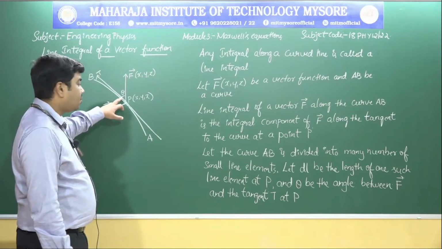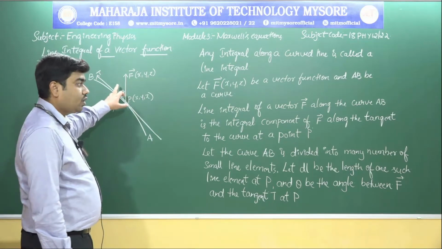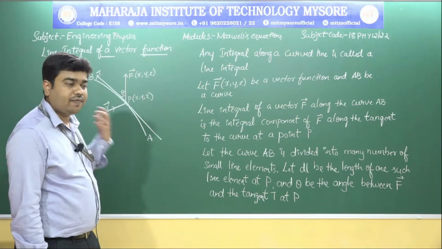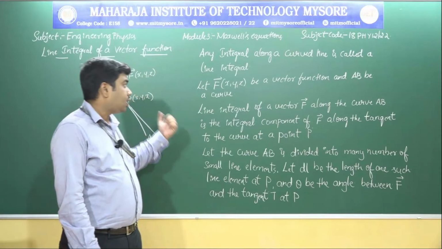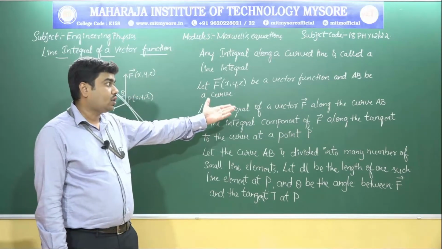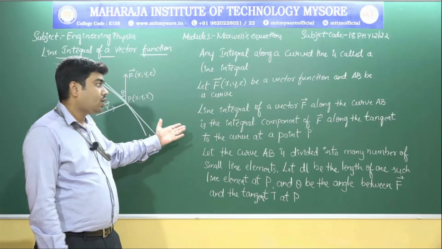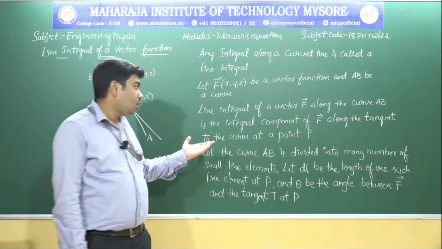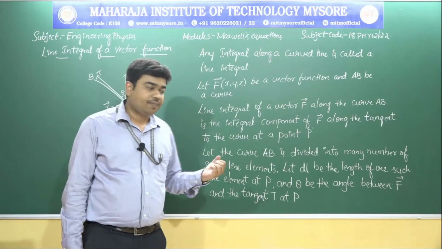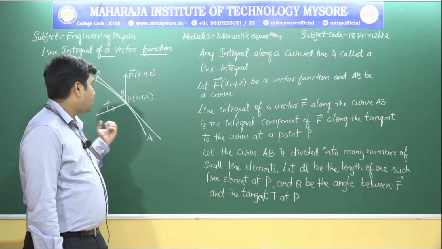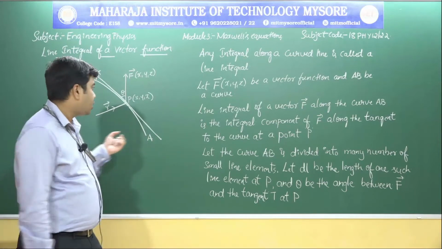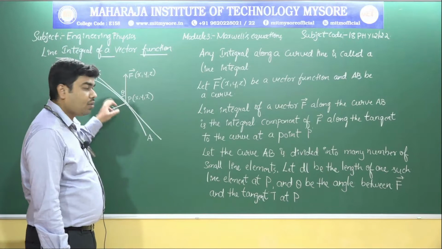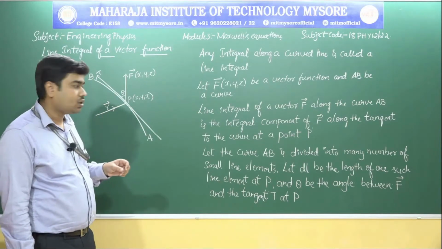The tangent makes an angle theta with the vector function f of x, y, z. Then we can define the line integral of a vector function f along the curve AB as the integral component of vector f along the tangent to the curve at the point P. Now, in order to find out the line integral, let us divide the curve AB into small line elements.